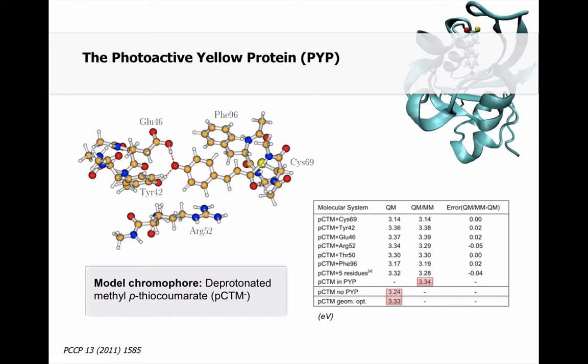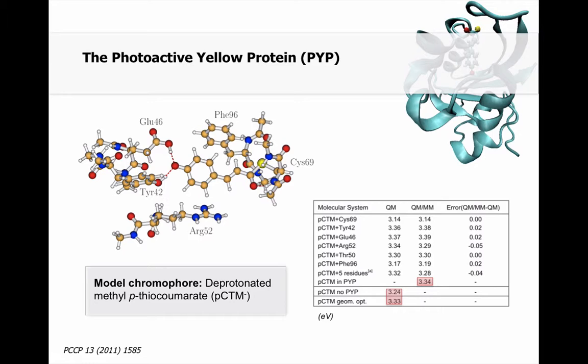This is simply due to two competing effects, namely a direct effect of the protein on the electronic structure of the chromophore and a geometrical relaxation process when removing the protein or when inserting the chromophore into the protein.